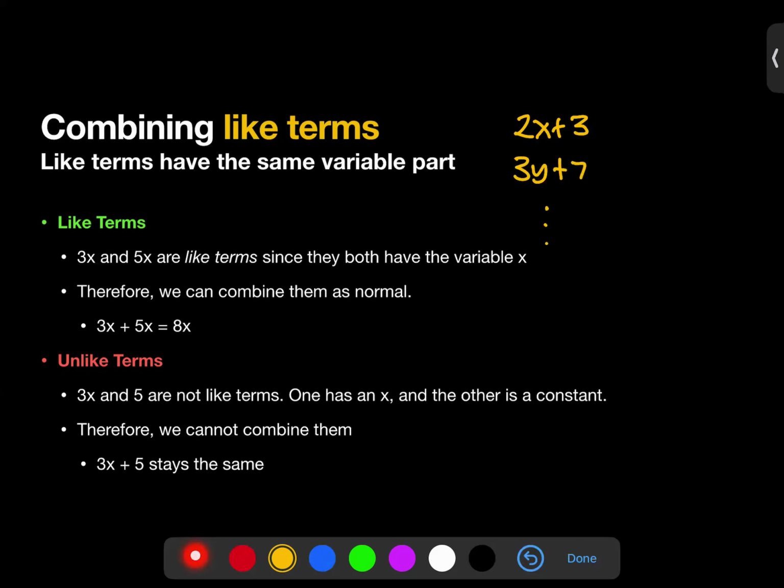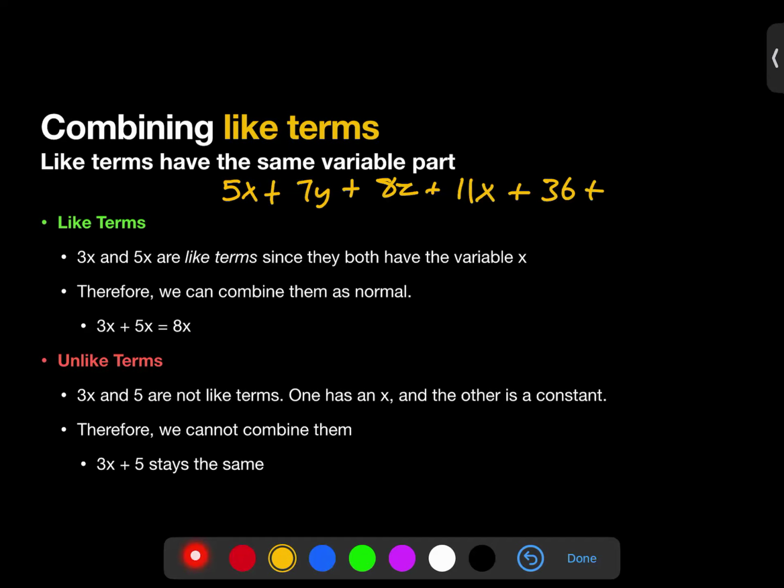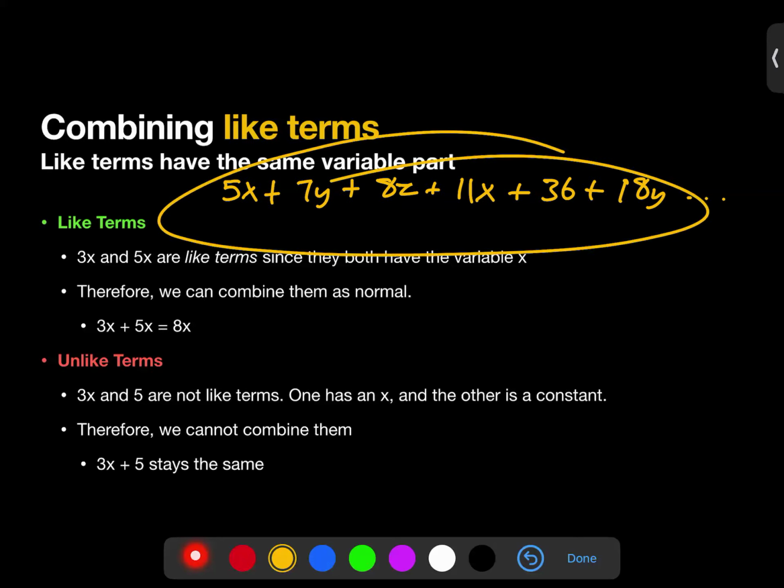However, what happens when you have a longer expression? So let's say you have 5x plus 7y plus 8z plus 11x plus 36 plus 18y and so on. So what do we do if we have such a big or long expression?